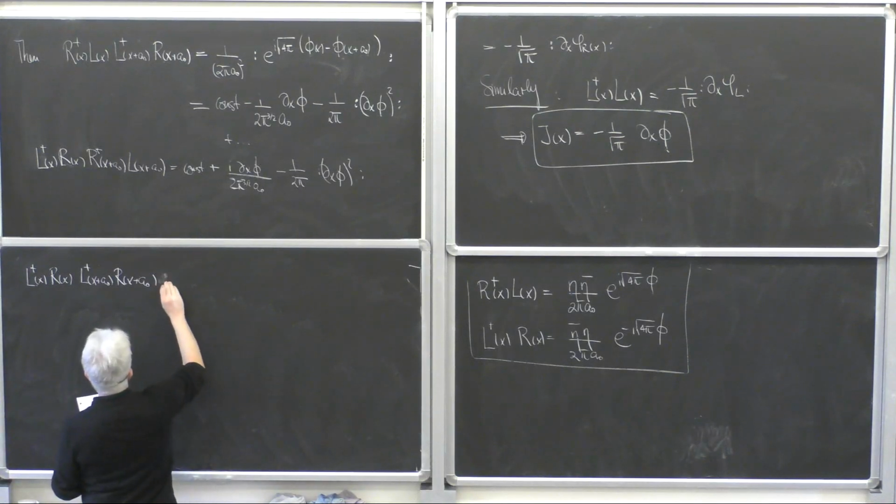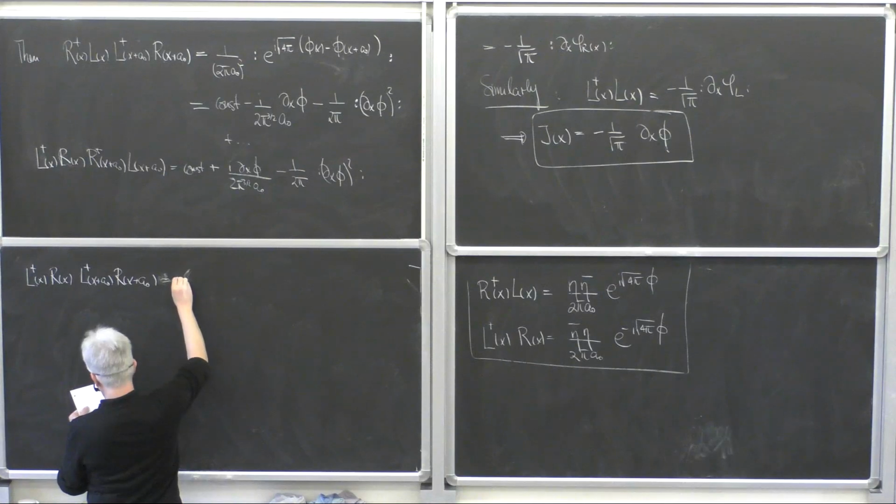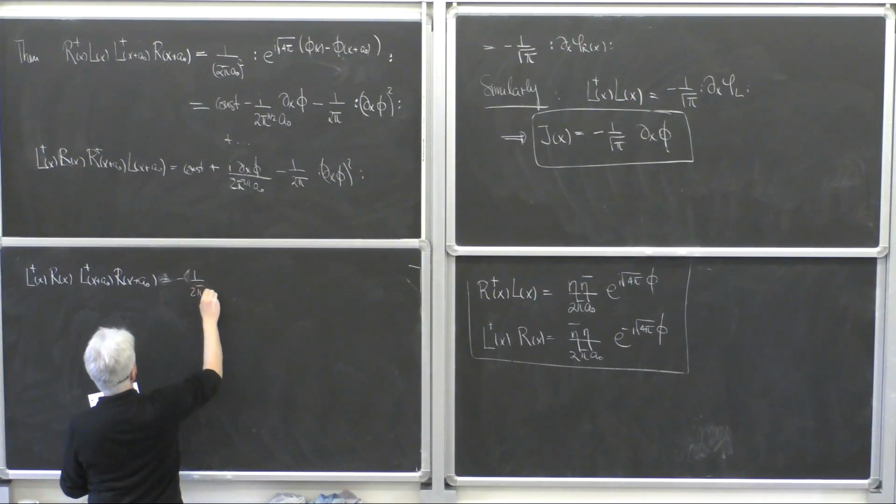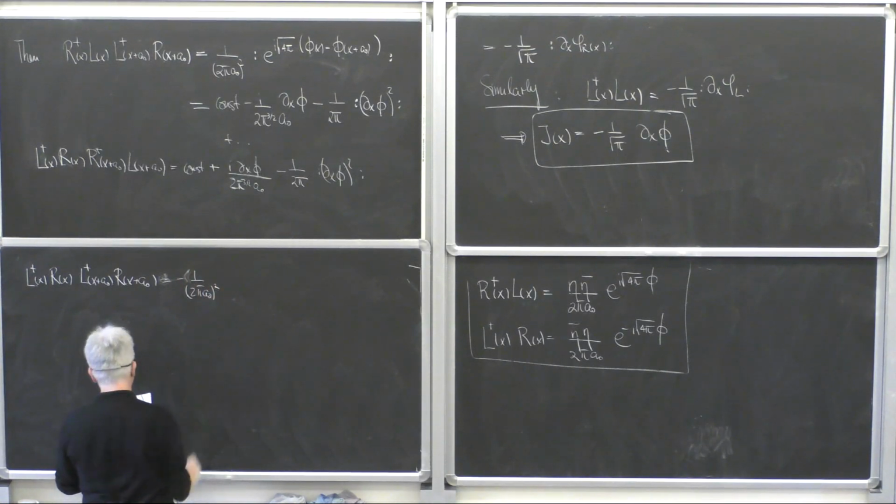So this basically gives rise to something like minus, apparently, 1 over 2 pi a naught squared.